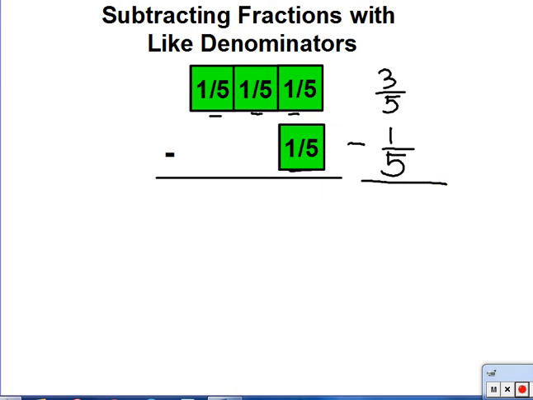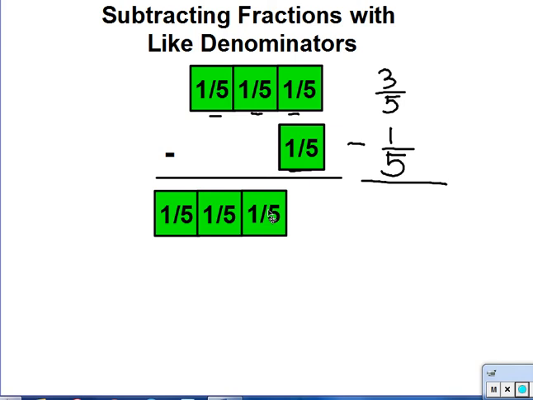So if we take those 3/5 and we want to take away 1/5, so let's take that away. We are left with just 1, 2, 2/5. There you go.